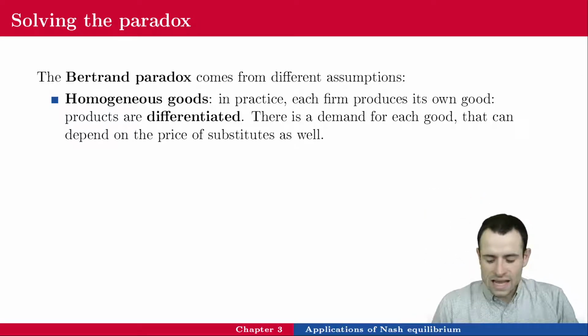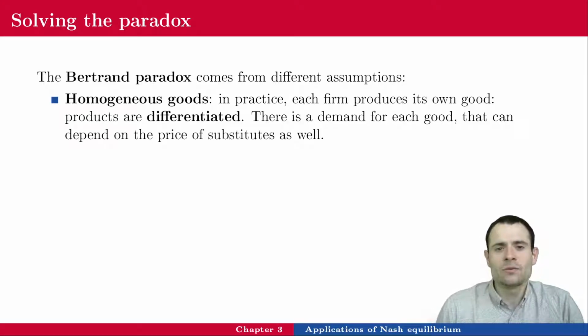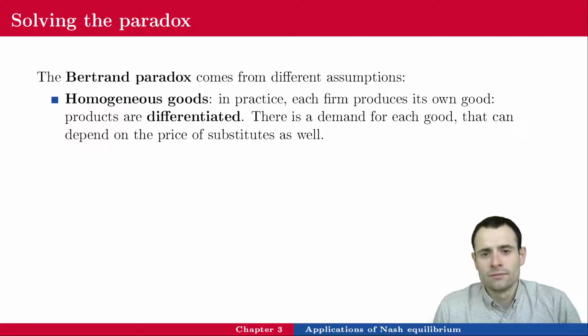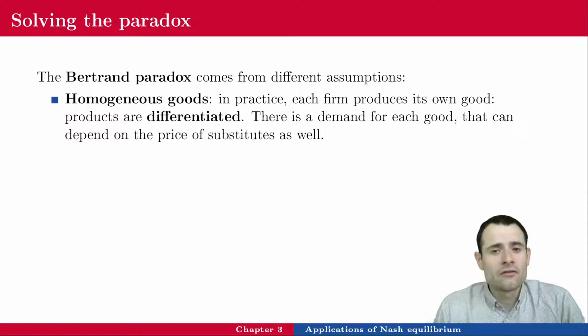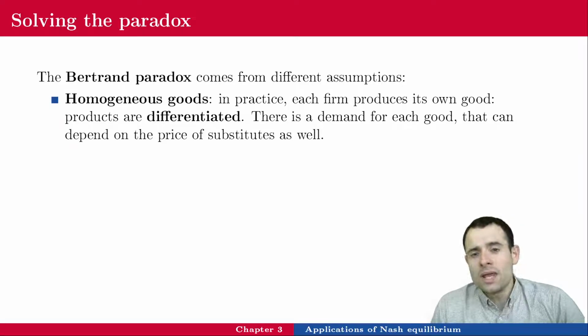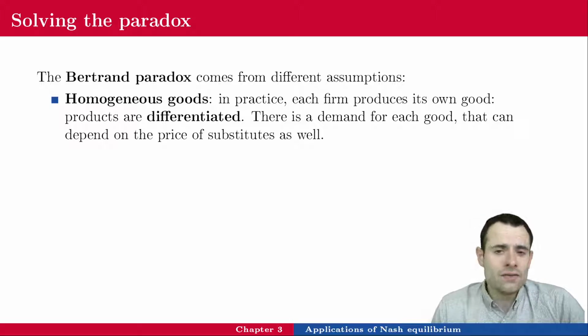If you live exactly between the two stores, it takes the same amount of time to get to the cashier. It takes the same amount of time to pay and to select your product. Then for you, the good might be homogeneous. You just go to the place where it is the cheapest. But if you live closer to a Safeway than from a Superstore, then you might prefer to go to Safeway because it's closer, even if the price will be higher.